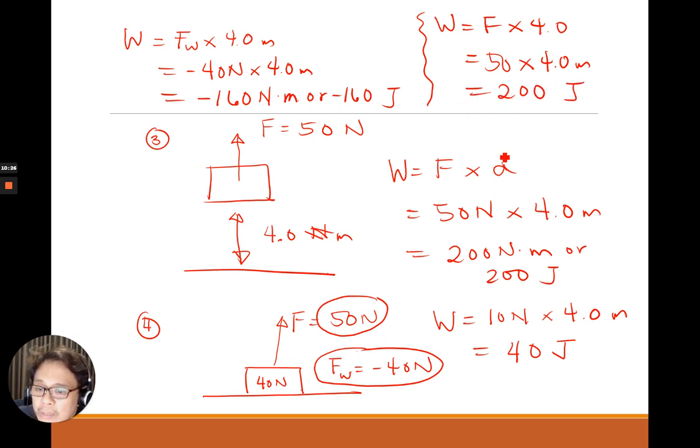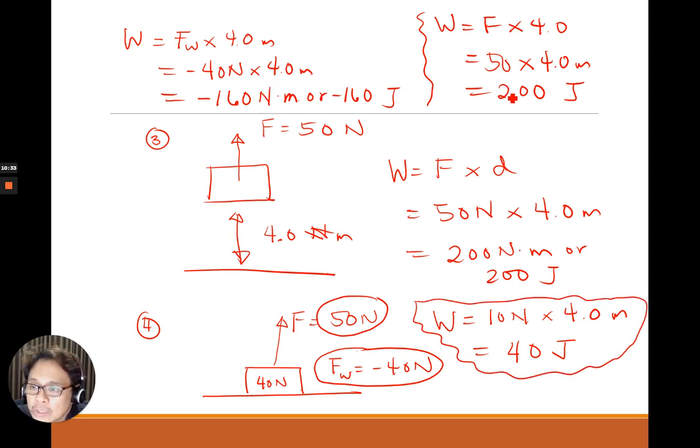Now, what do you notice about what we did here? When you subtract 200 joules minus 160 joules, you will get 40 joules. So this is the work that is in effect. But for each of the components, the 50 newtons and the negative 40 newtons, we also have work done. So the total work in effect is 40 joules.